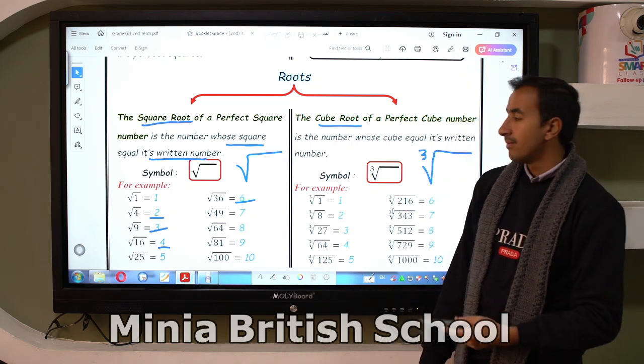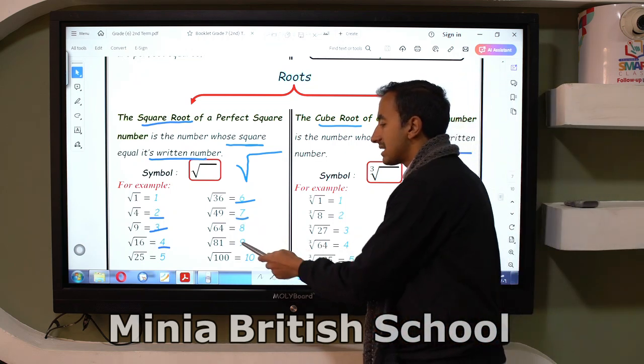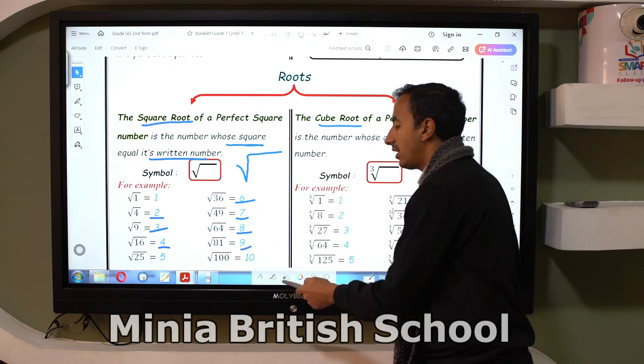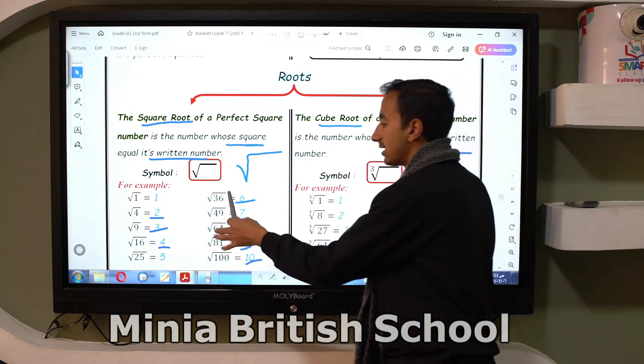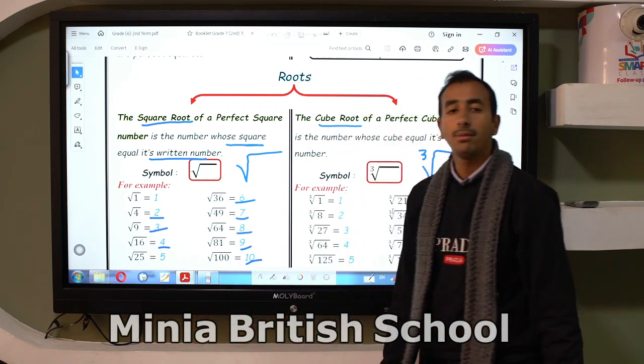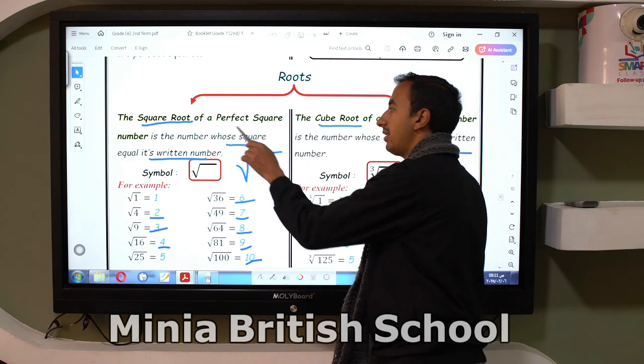Square root of 49 is 7, square root of 64 is 8, square root of 81 is 9, square root of 100 is 10, because all the numbers inside the square root are perfect squares.